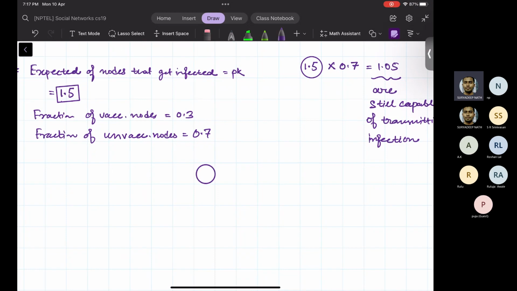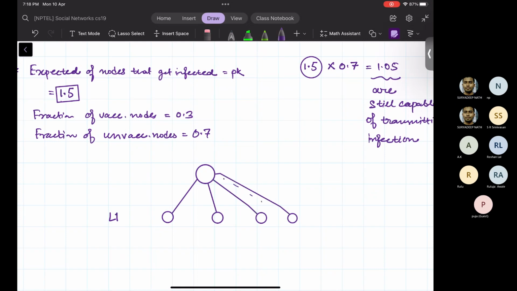You have this node here, and you have some level 1 nodes. So let's say you have level 1 node. So here 1.5 nodes are infected initially, that is before vaccine.